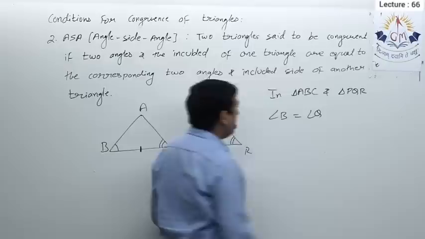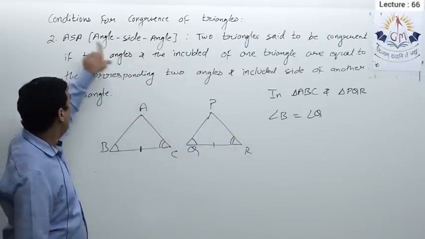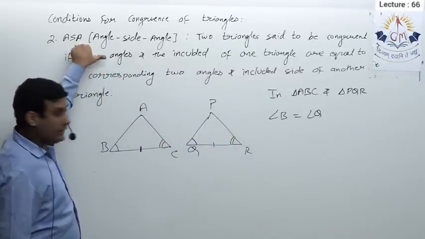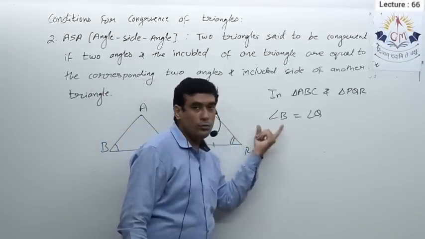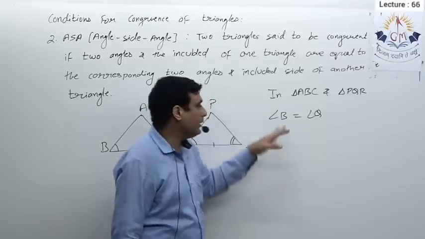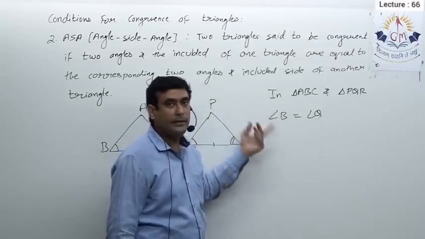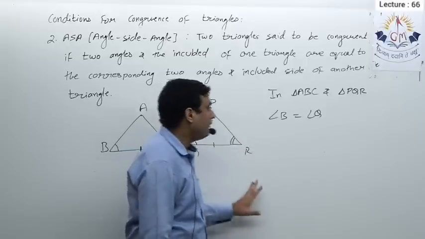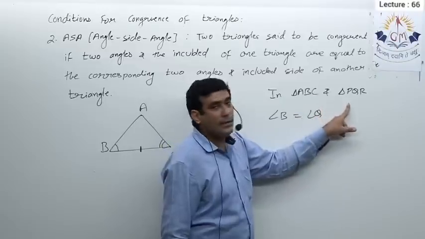One thing more, see here I know that I am going to apply the criteria angle side angle. So I write the parts of these two triangles in the same order. First I will write angle, then side, and then angle. That is one thing. One more thing, here I wrote triangle ABC and triangle PQR.